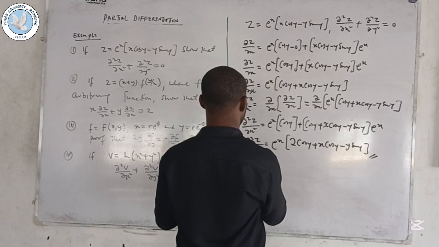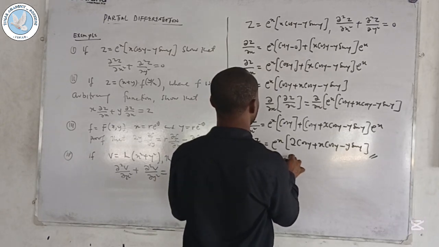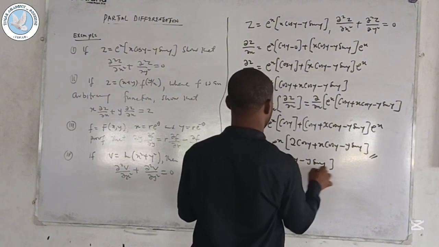So z is given as this, x cos y minus y sine y.